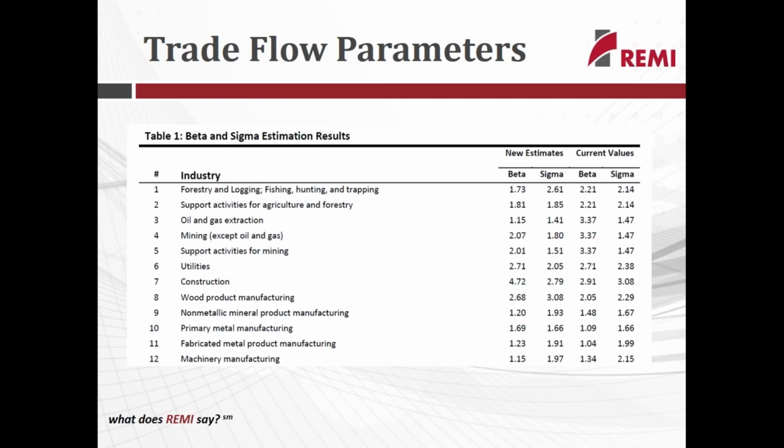trade flows. The beta value is meant to represent the distance decay in the model. So for certain industries, it's less likely that they will be able to deliver to farther and farther regions. You can think of the concrete manufacturing industry and the short lifespan of wet concrete.